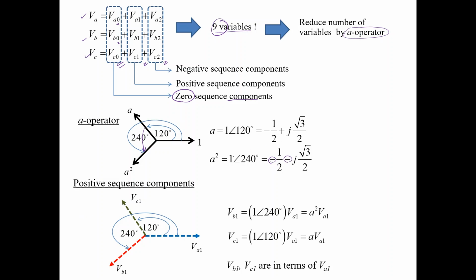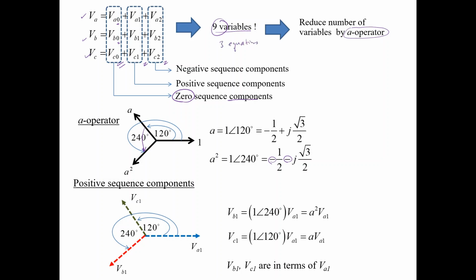So these are the two operators that we will use to transform this equation, and we transform it to reduce the number of variables from 9 to 3, basically, because we have just 3 equations.